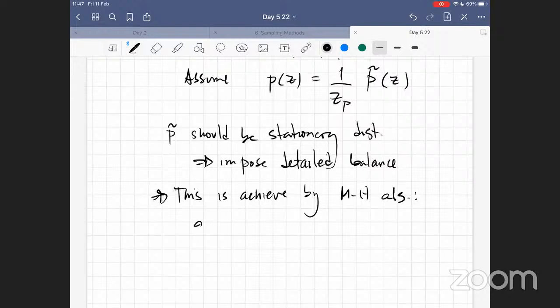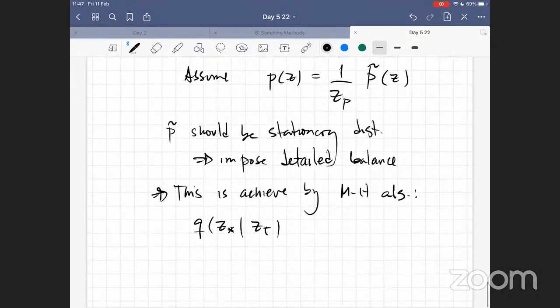So you imagine you have a proposal distribution now of a new set given set tau, and I sample from this.